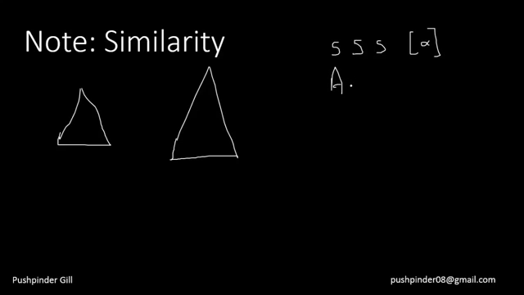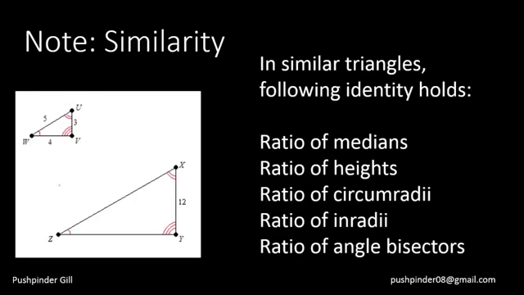Similarly, if all three angles are same, well, angles won't be proportional, if all three angles are same, that means that the triangles are similar. Similarly, if two sides are proportional and the angle between them is same, then again I can say that two triangles are similar.